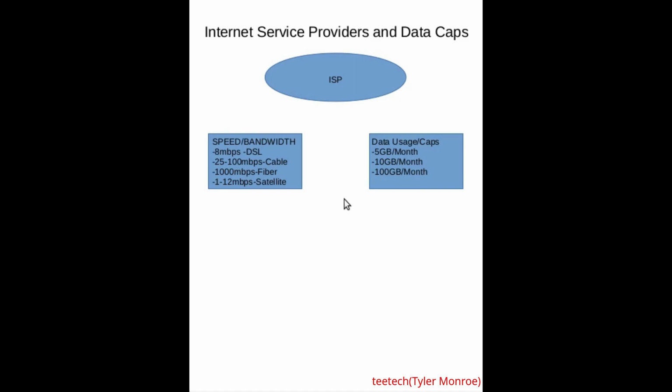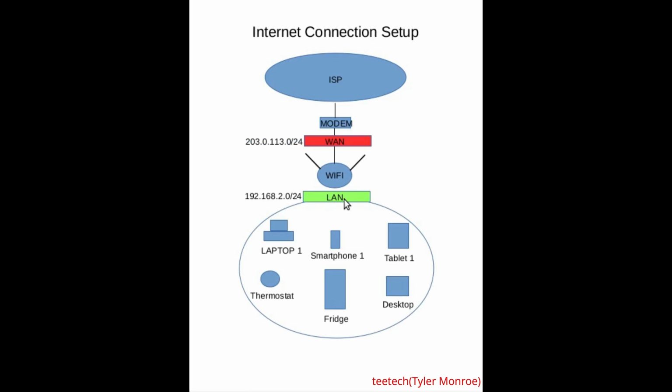Now, other than that, that's the basics of our internet service provider for what we need, what speed is, and what data caps are. Other than that, our actual setup, we're going to have this connection here, and once we decide what provider we want to use, they'll come in and they'll install a modem, and that modem is just going to use one of those WAN types we talked about, and our Wi-Fi router usually has external antennas.